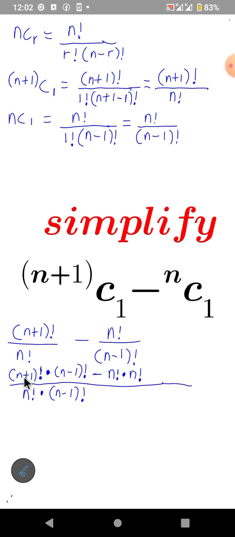So we say n plus 1 factorial now can be expanded as n plus 1 multiplied by n plus 1 minus 1 factorial, all multiplied by n minus 1 factorial, then my minus sign, n factorial multiplied by, I'm also going to expand this n factorial.